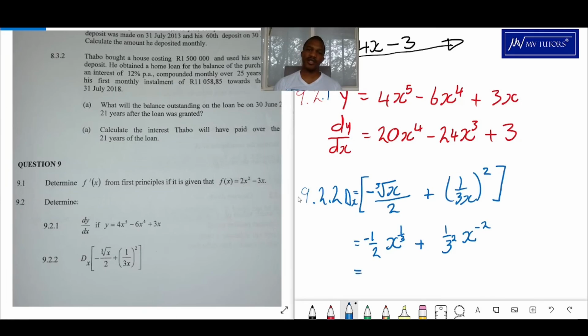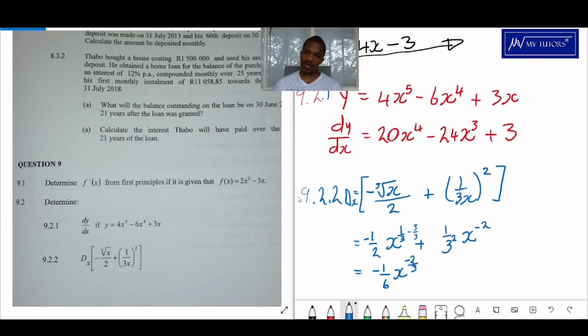And then finally I'm gonna have a half times a third, and that gives me minus 1 over 6, in terms of numbers, x, and then this is 1. I need to subtract a 1, so I'm just gonna say 3 over 3, so that I can say 1 minus 3 is minus 2 over 3, same base.